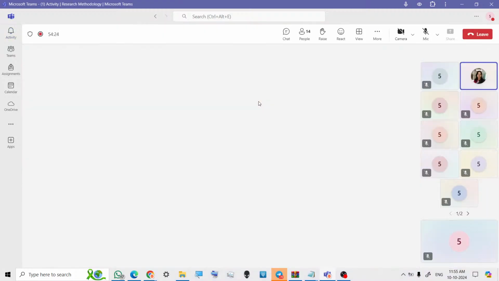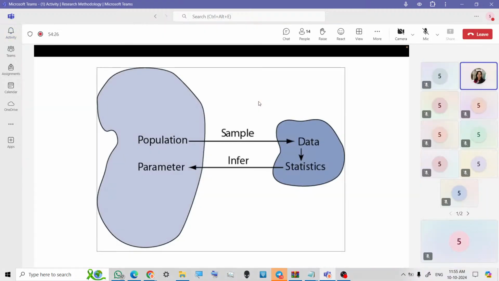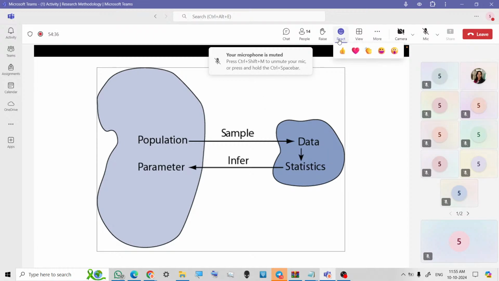So you're talking about the population parameter by taking the sample and working on the sample data. Okay. Understood, online students? Yes or no? Okay.